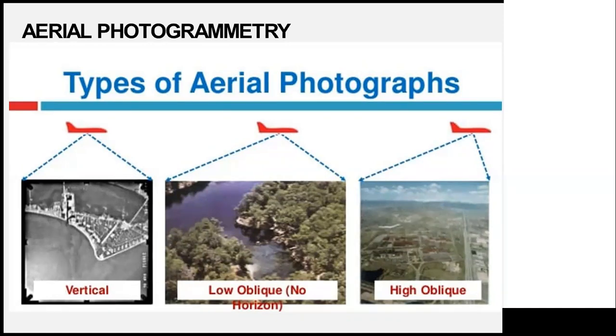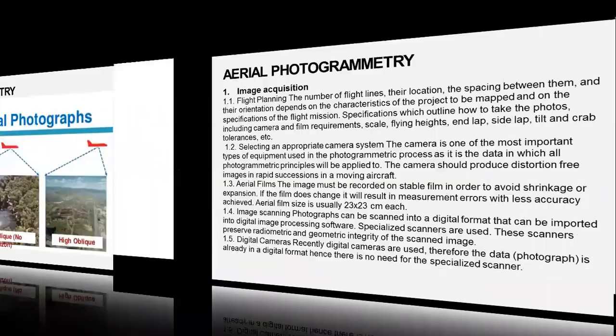And in the third one, high oblique, your aircraft is at a higher altitude, so that the high oblique nature photograph can be captured up to a higher distance also. So that is the third type. So simple types are there.